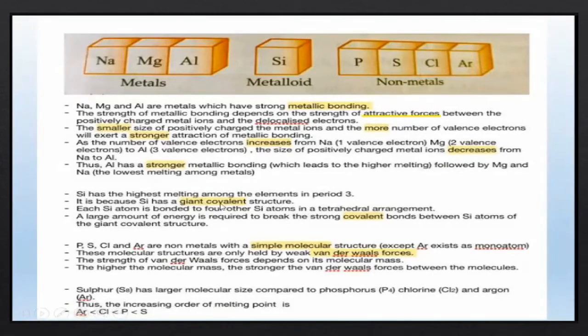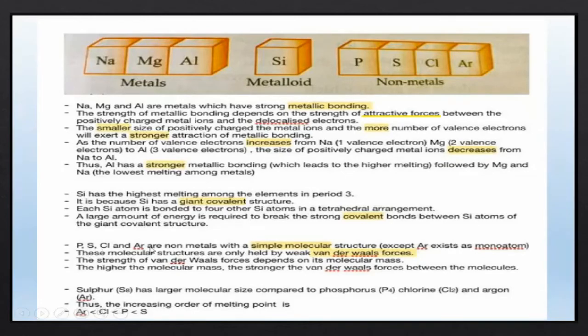Silicon has a giant covalent structure, and each silicon atom is bonded to 4 other silicon atoms in a tetrahedral arrangement. A large amount of energy is required to break the strong covalent bonds between silicon atoms in the giant covalent structure. Okay, next question.